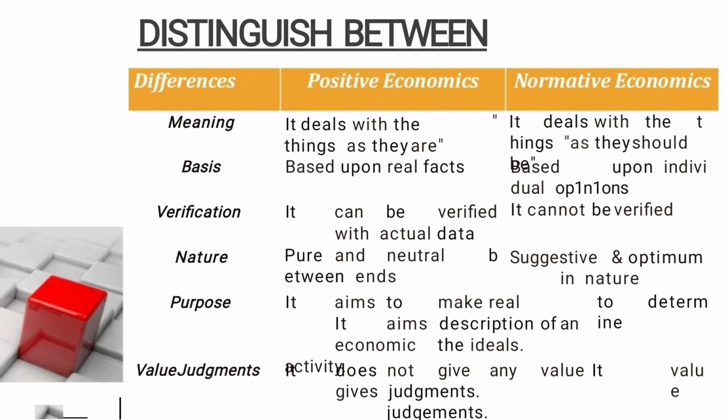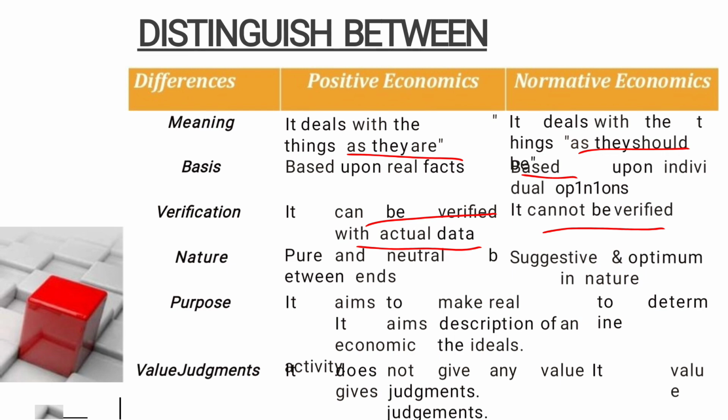Here positive science deals with things as they are. But here it is what it should be, what ought to be, or as they should be. It can be this way, or it could have taken the other way around. You make an analysis of it. Here it can be verified with actual data. Here it cannot be verified because it is based on generalization.